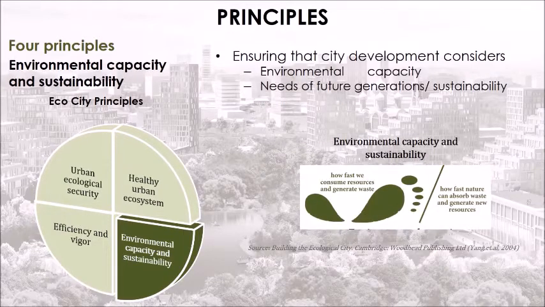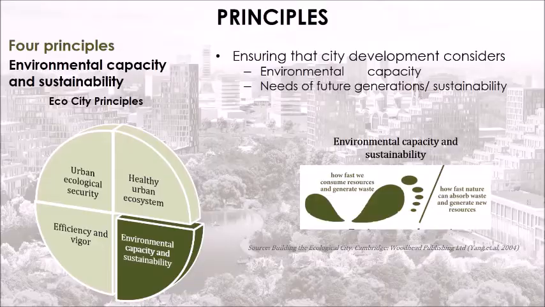The next principle is environmental capacity and sustainability, that is ensuring that development considers environmental capacity and that the needs of future generations are not compromised by the present generation's consumption patterns.